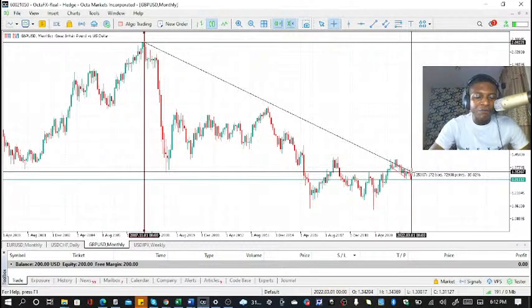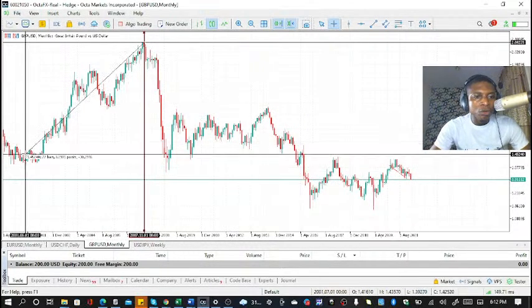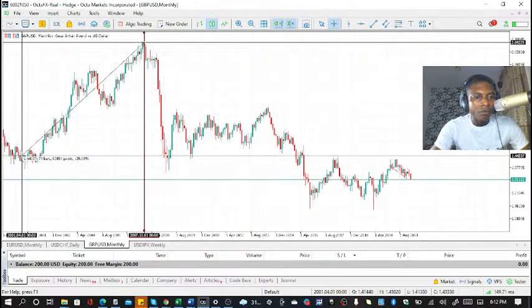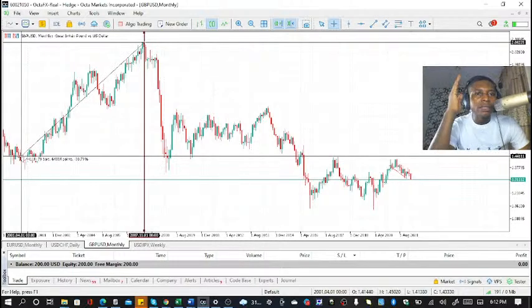If you look at it from 2001 to 2007, the pounds was gaining more value than the dollar.